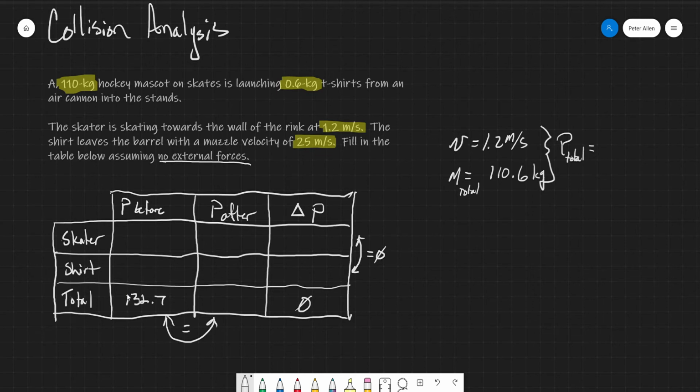I'm just going to use the tenths place, kilogram meters per second.